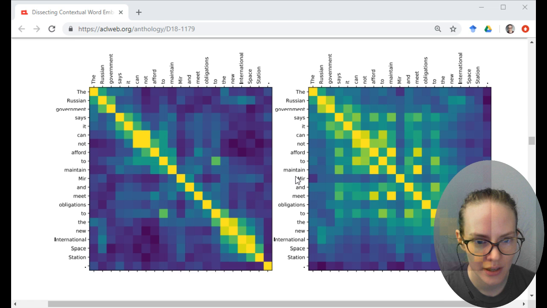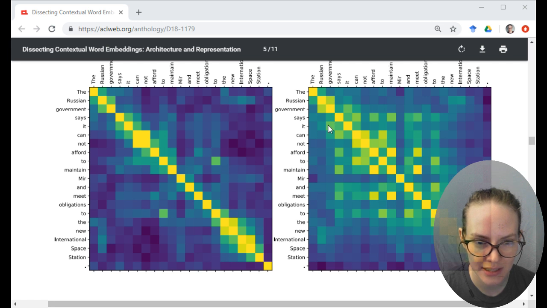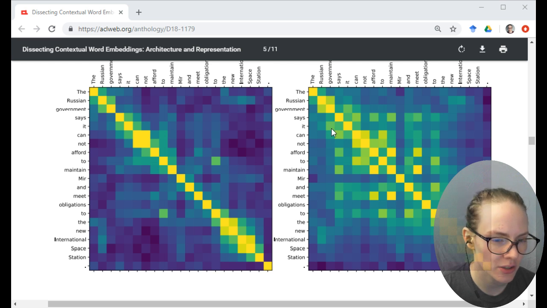So government and it. Government, it. I guess it's kind of hard to tell because it's an area that's more lightly colored, so it's a little bit hard to see how strong that change is, but we can definitely see that it's stronger than it is here, for sure.